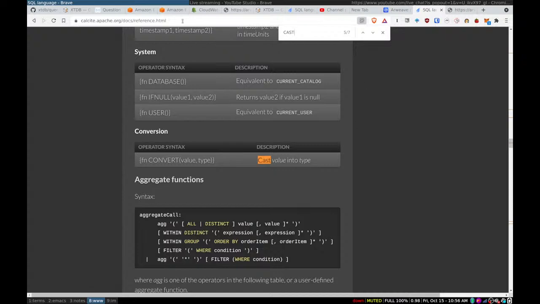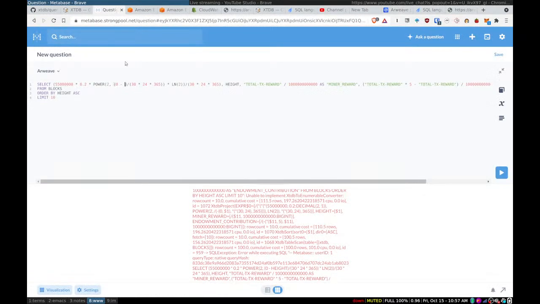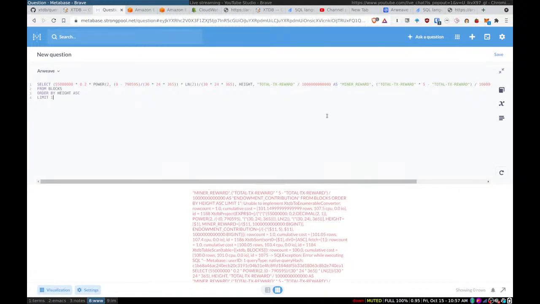Okay, let's give that a shot. So convert. First, let's just throw in the current one, before I do anything too crazy. We'll take out height. This is not going to give me anything sane, it's just going to give me a constant. I just want to see it run.